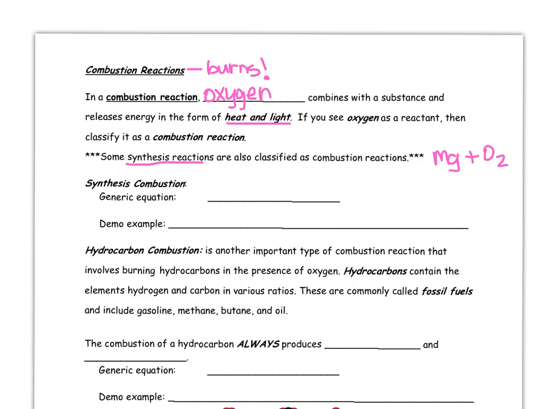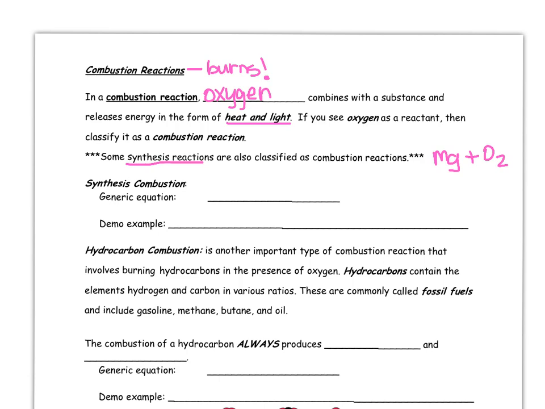Some will also be considered technically combustion, even though they're not burning. Iron will oxidize over time, but we would typically call that just oxidation or a synthesis reaction. But you wouldn't know that, so if you see oxygen, you're just going to call it a combustion reaction. Either way, in these kinds of reactions, synthesis and combustion would both be correct terms.